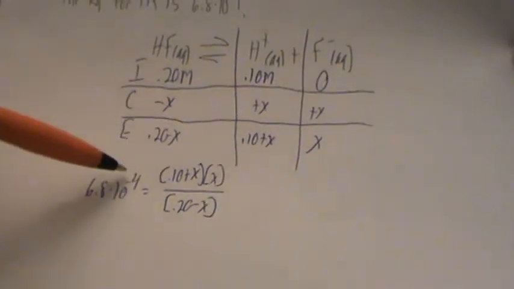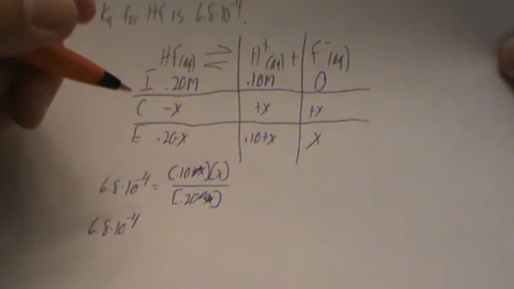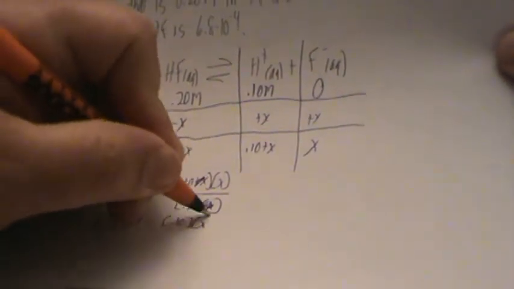Is our Ka small enough? Yes, it is. So we're going to cancel out those plus X and minus X. 6.8 times 10 to the negative fourth is equal to 0.10 times X all over 0.20.